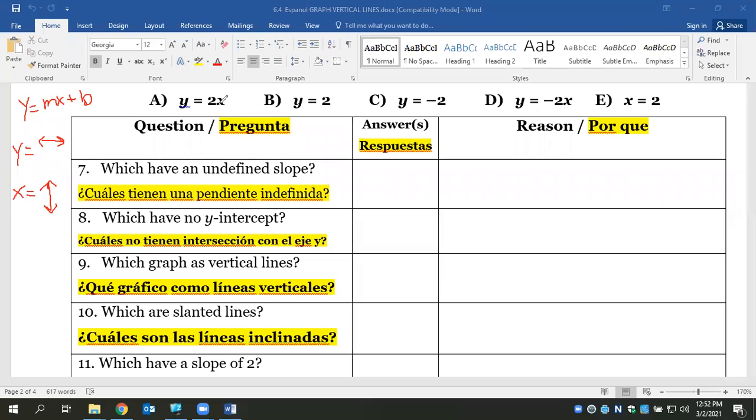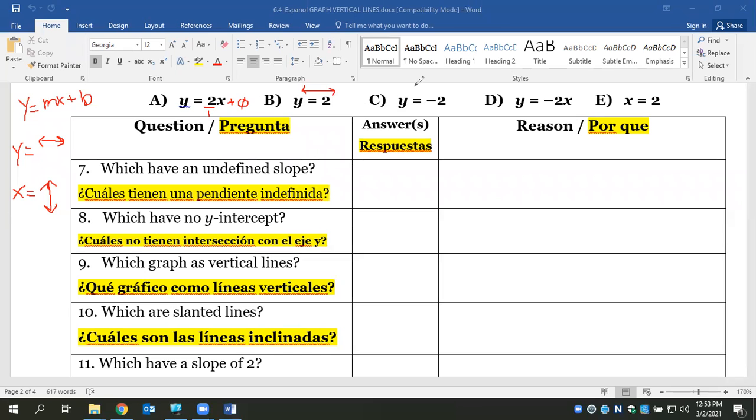Okay, so y equals 2x. Now we have the y equals mx plus b format. So there's really a 0 here, and there's really a 1 under this. All right, so let's look at b. Y equals 2. Well, if it's y equals 2, it's just going to be a horizontal line, because it's just the y. Okay?